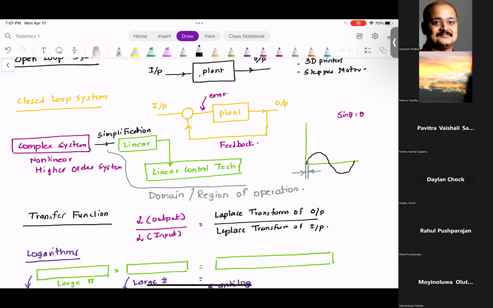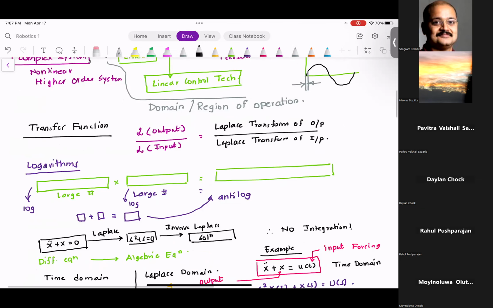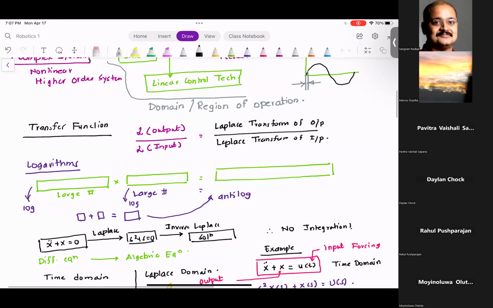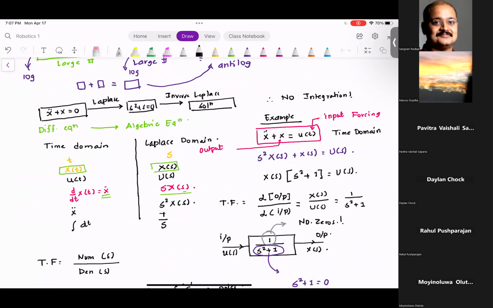Laplace transform is a technique that converts the differential equation into an algebraic equation. As I have shown here, if you want to convert the differential equation into an algebraic equation, you take the Laplace transform and then you can actually solve the system.